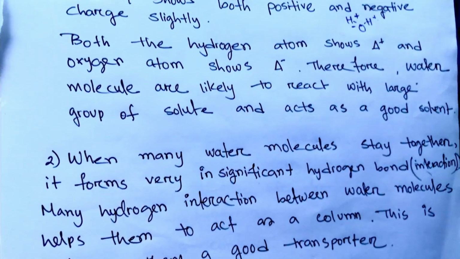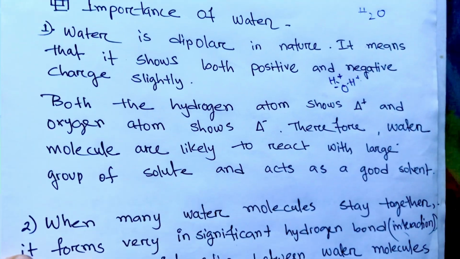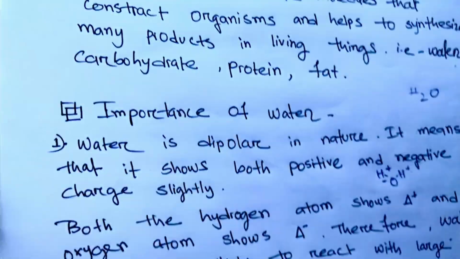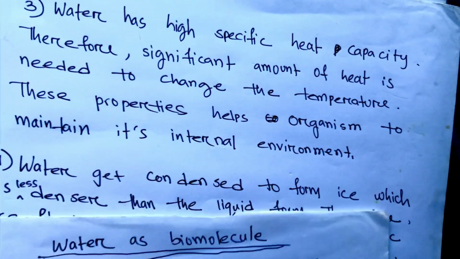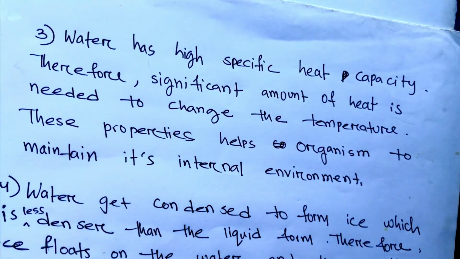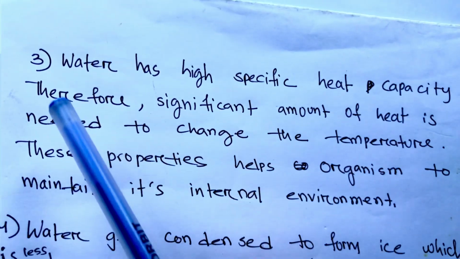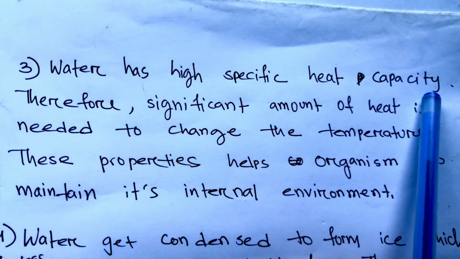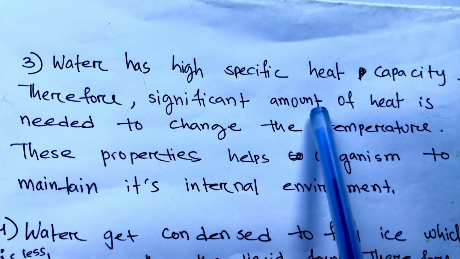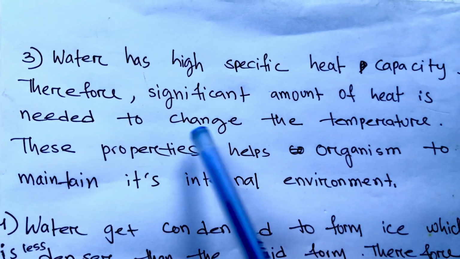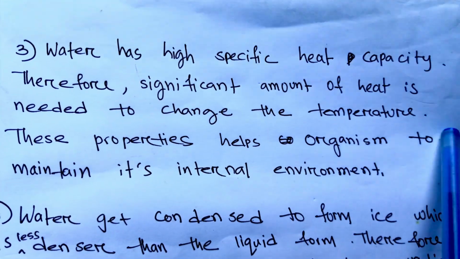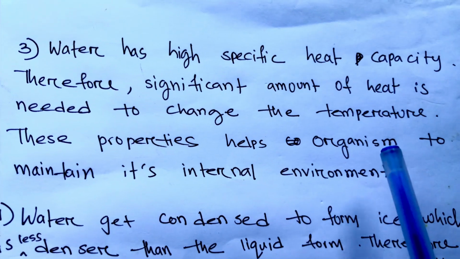Okay, so now let's go to the third importance of water. Water has high specific heat capacity. Therefore, a significant amount of heat is needed to change the temperature. This property helps organisms to maintain their internal environment.